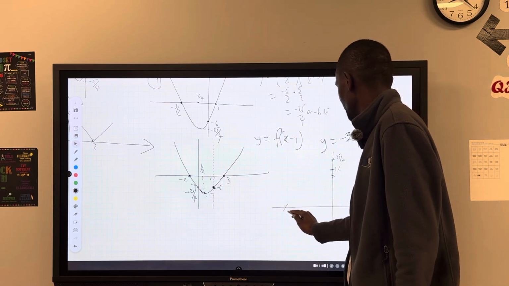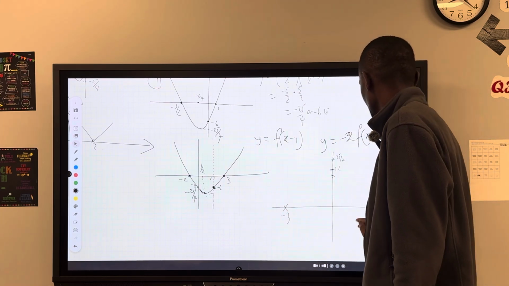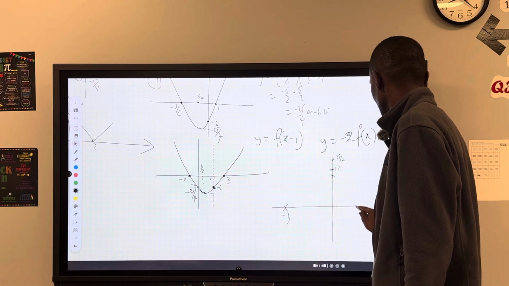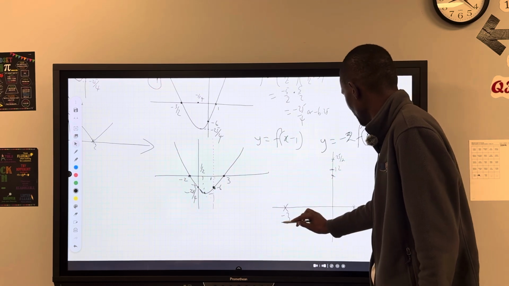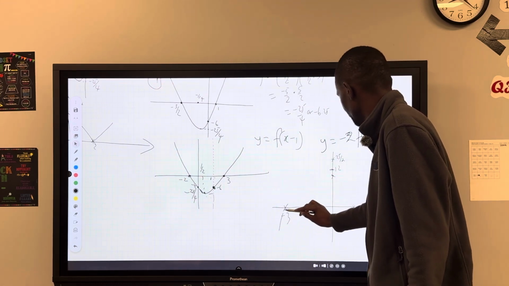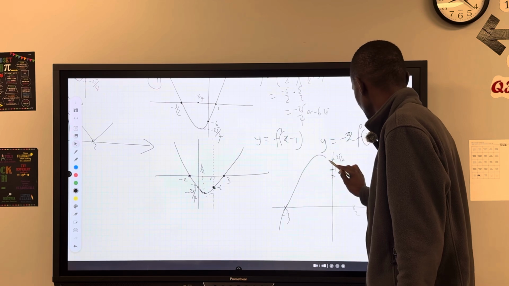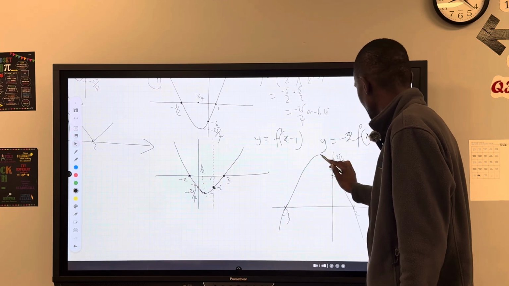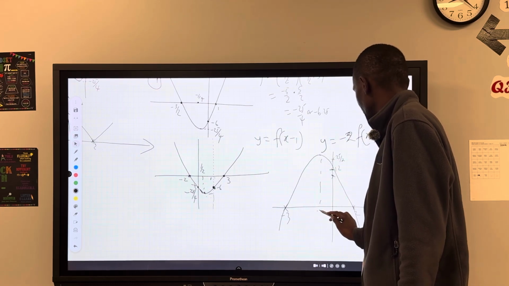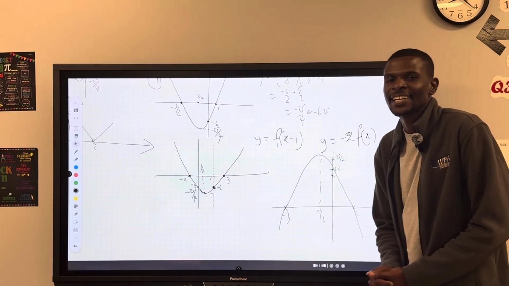Then remember, I have my -3, and remember, I have my 2. So the graph will be something like that. And let's not forget our -half. Then, guys, we are done.